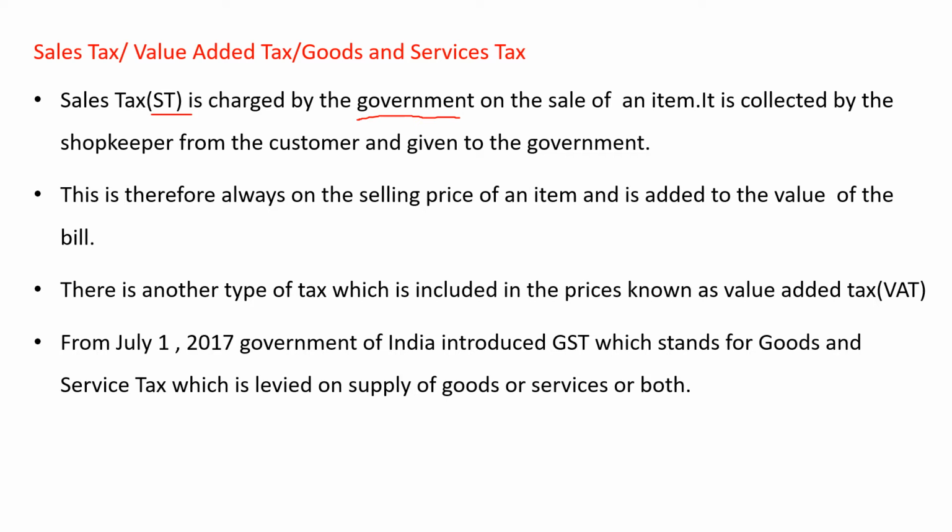So the shopkeeper is collecting the tax from you, right? He's selling a bag for rupees 30, and in that 30, tax is also included. He has to pay the tax to the government, right? There is a particular amount for each shop, so they have to pay according to their income.